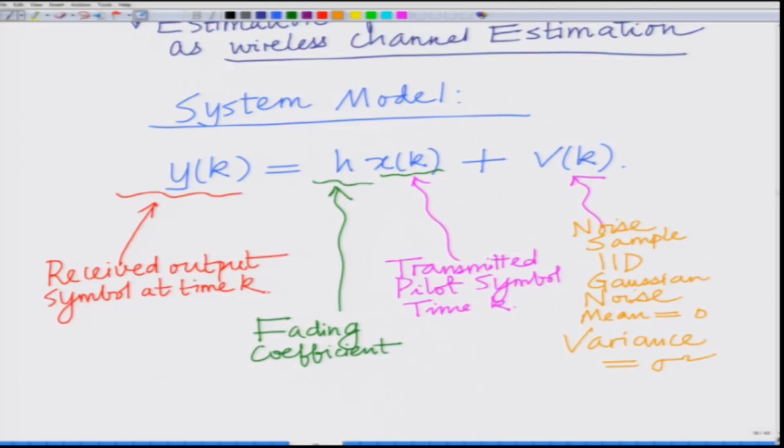So, we have the same familiar model: yk equals H times xk plus Vk, where yk is the output symbol, H is the channel coefficient, xk is the kth transmitted pilot symbol, and Vk is the noise sample.